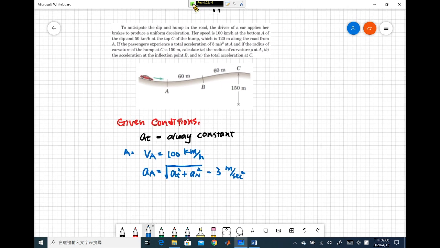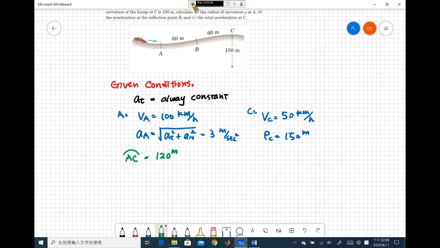And for point C, v_C is 50 kilometers per hour, and rho_C is 150 meters. Also, from A to C in terms of position, it's 120 meters. So based on all this information, we should be able to solve this problem.